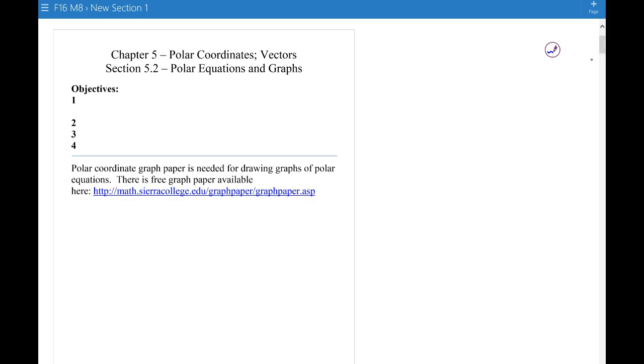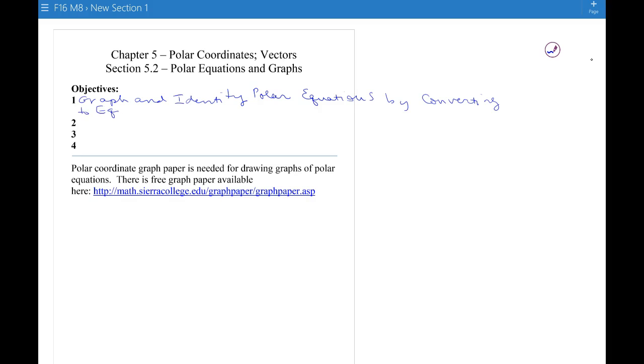So the first objective is going to be to graph and identify polar equations by converting to rectangular equations.